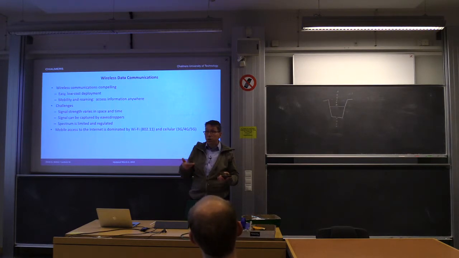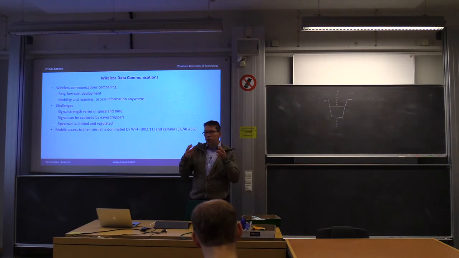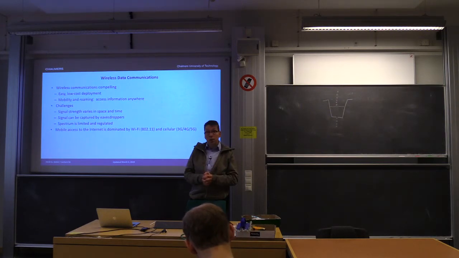So the signal strength varies quite a lot in space, and this is called signal fading. So these are problems in that the transmitted signal is not always received due to bad propagation, right?